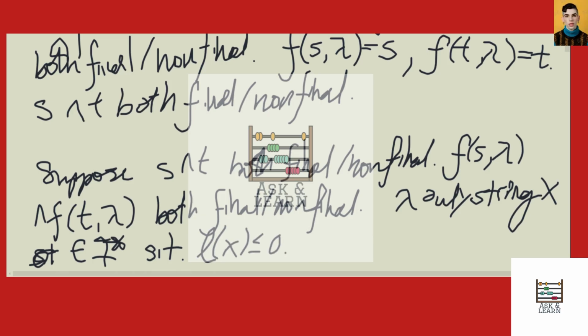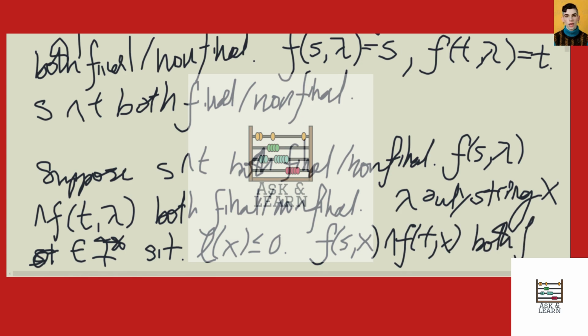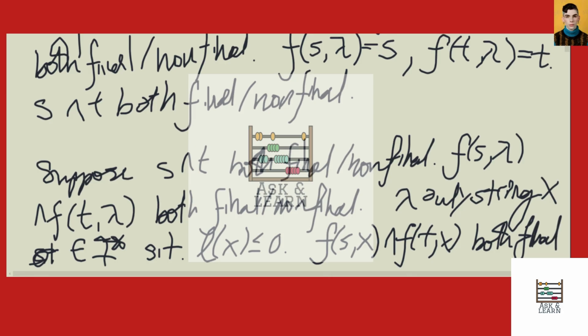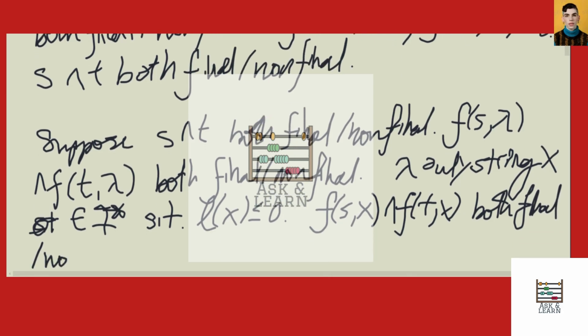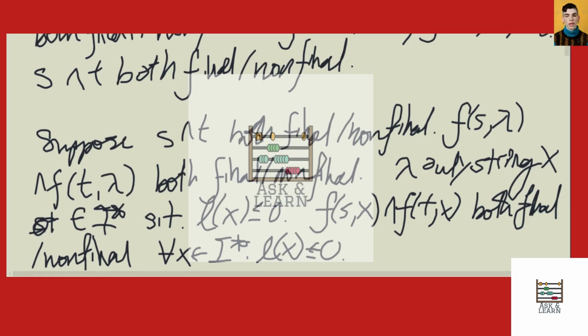So it follows that f of s x and f of t x are both final or non-final states for all strings x of length less than or equal to 0.